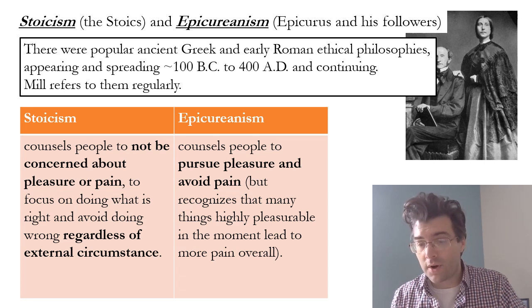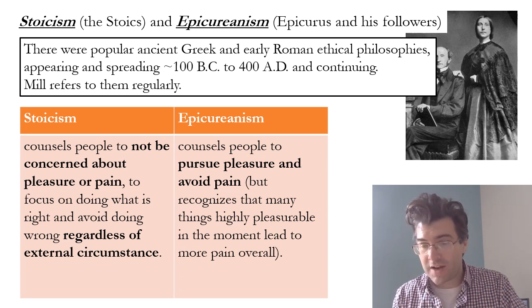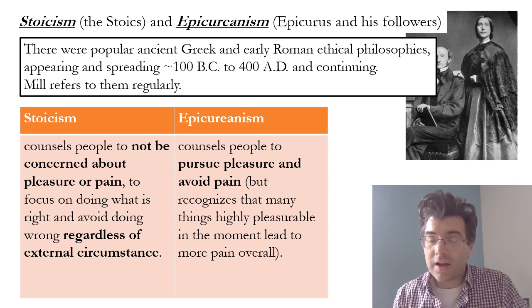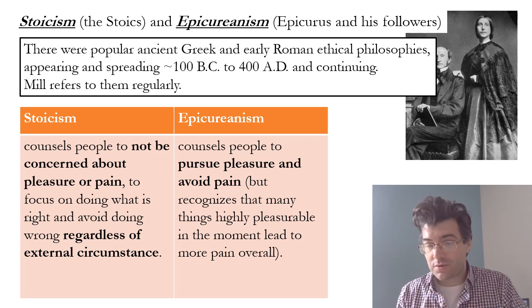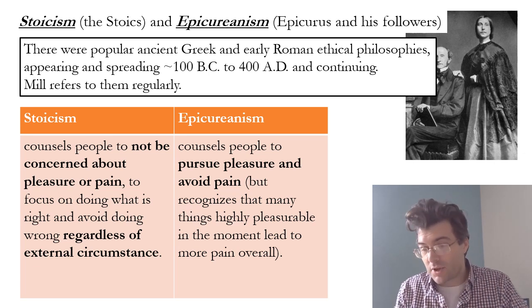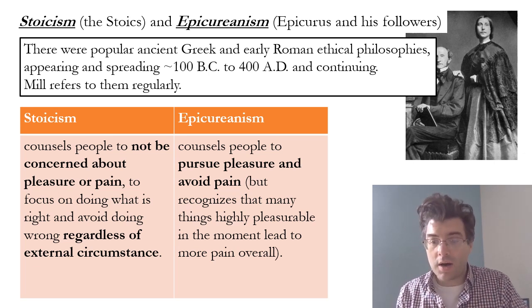They basically thought of happiness, the purpose of life or the best thing in life, as a matter of pleasure and avoiding pain. And they counseled people to try to experience as much pleasure and as pleasurable a life as they could before they died.